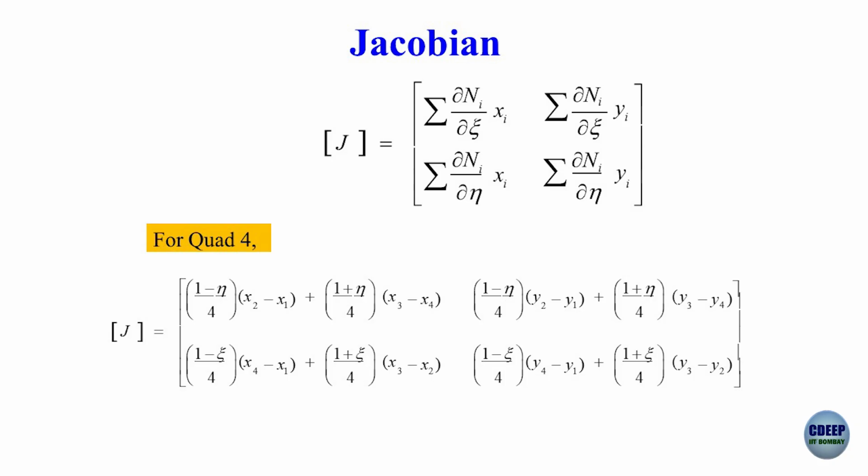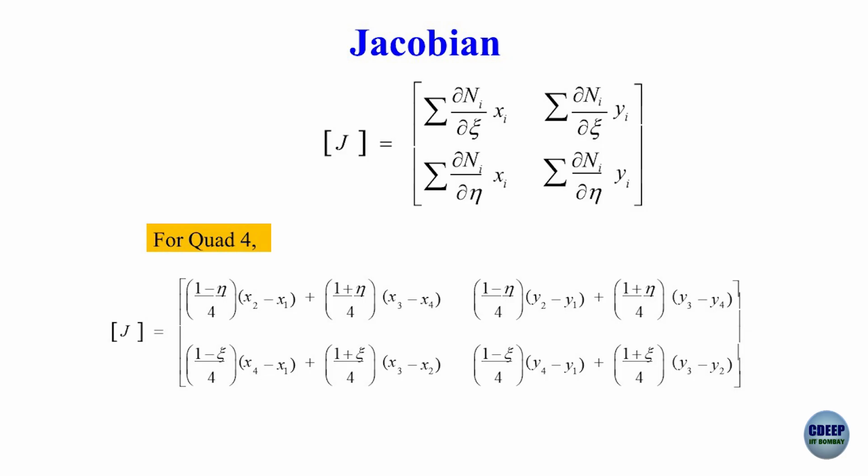So, the shape functions I have to differentiate with respect to zeta and eta, which is what I have done for a quad 4 element, the 4 noded quadrilateral element that we just now discussed. Because N1 was 1 minus zeta into 1 minus eta, if you differentiate with respect to zeta, what remains is 1 minus eta by 4. Fine. So, I have just done that derivation and given you the 2 by 2 matrix.